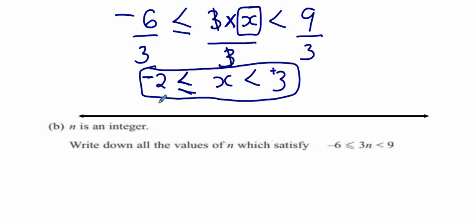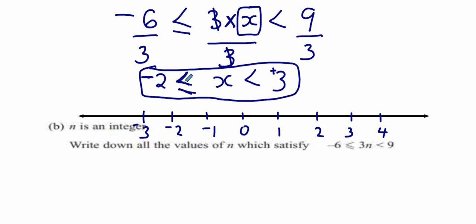We have negative 2 here, negative 1, 0, 1, 2, 3. Maybe let us say this is 4, and this is negative 3. But we are interested in all the numbers between negative 2 and positive 3.